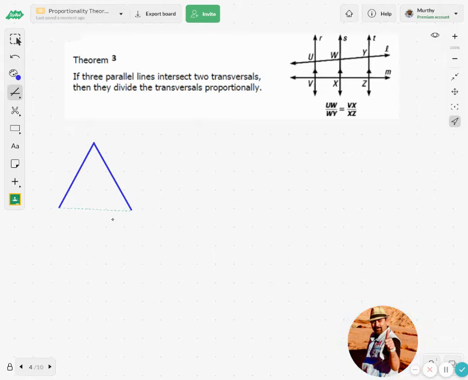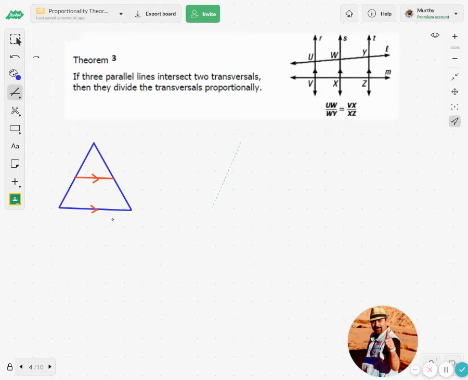Let's see how. This is the proportionality theorem you learned. This is parallel to this one. Now in the same way, I'm taking the other one, this one and this one. I'm just drawing two lines.